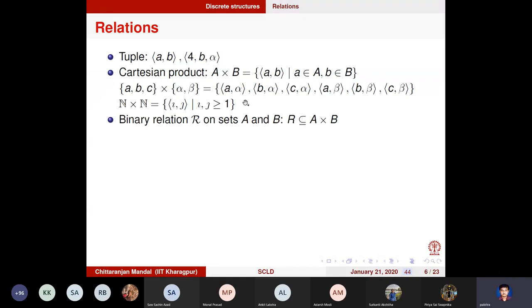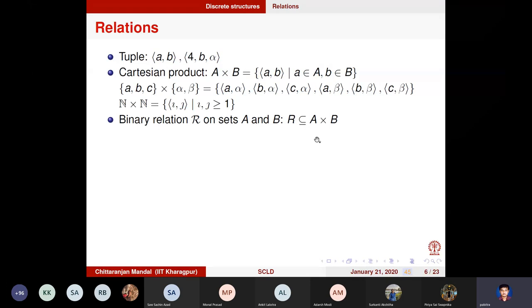You take the subset of A cross B comprising the first three elements, and that would define a relation. This would be script R. Relation R is a subset of A cross B.